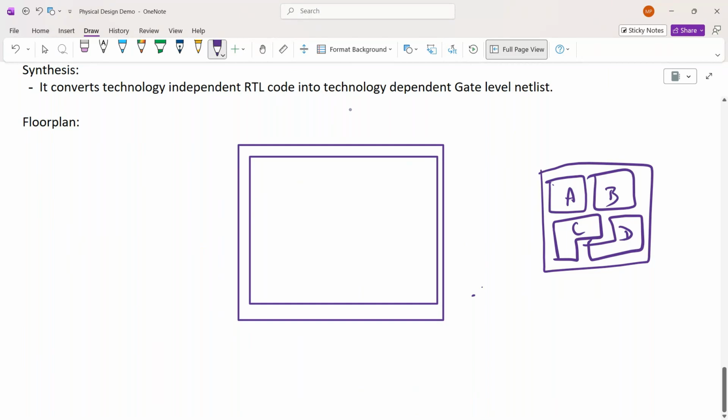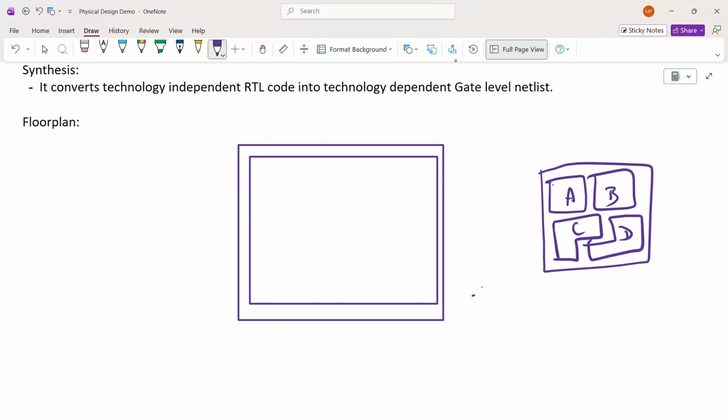Each block has different functionality, and individual physical design teams work on individual blocks. They do the full PNR flow, the ASIC flow we have just discussed, on each block, and at the end they collect all the blocks, connect them, and create a full chip. It is a time-saving thing.